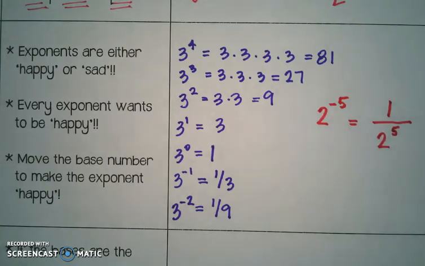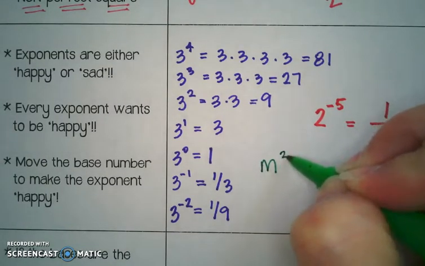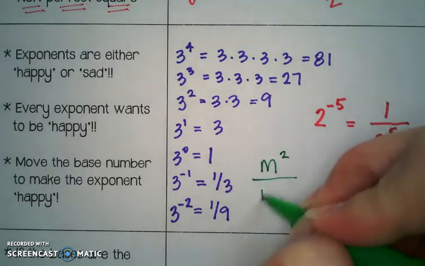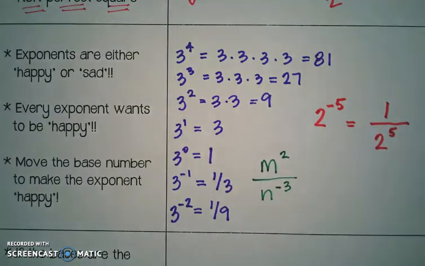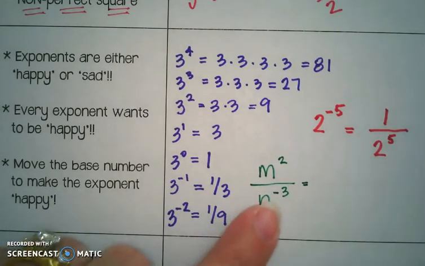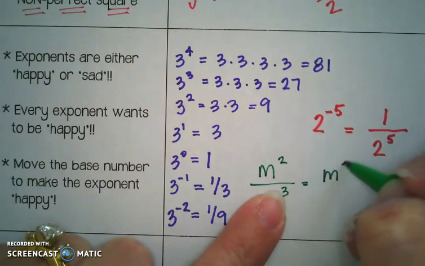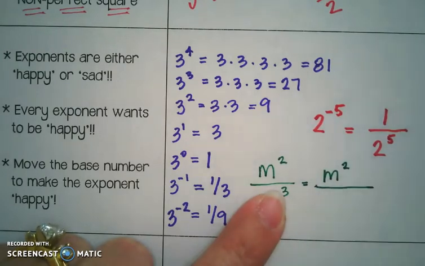Same thing can happen with variables. So let's say that we had m squared over n to the -3rd. In this problem, let's look at each one separately. Starting with the m, it is happy, so we're going to leave the m in the numerator.